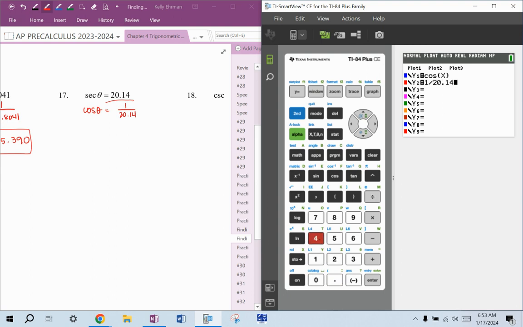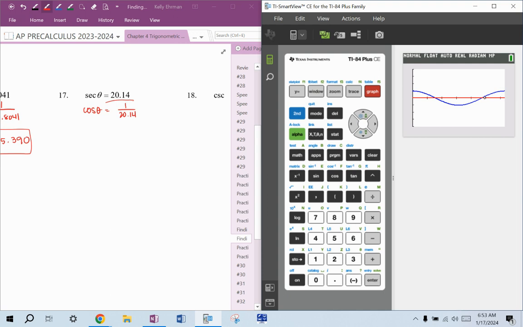Now, 1 over 20.14 is something small. So I'm sure that being between -4 and 4 in my y window is fine. Yeah, so it's practically 0. Okay, so find this intersection. Enter, enter, enter. So theta is about 1.521, and 4.762.